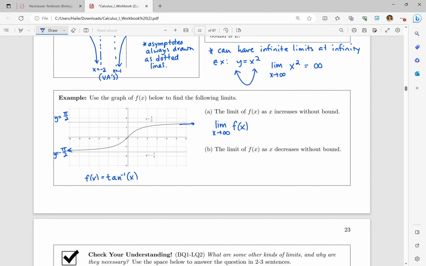So we're looking for the limit as x goes to infinity of f of x. Okay, so for that, we want to look at values way out on the x-axis, so somewhere way out here. And we notice that that's approaching the asymptote that is at y equals pi over 2. So the answer to this limit would be pi over 2.